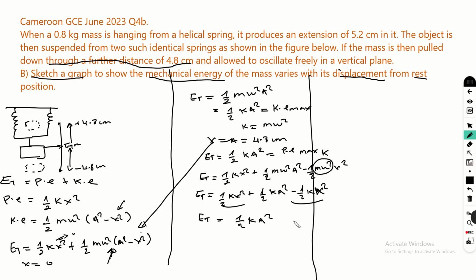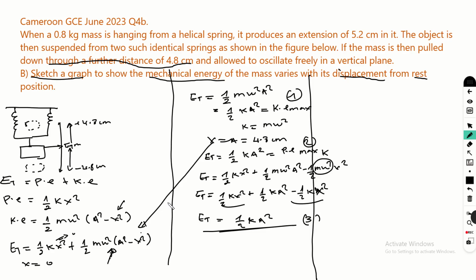So you see that these three equations, 3, 2, and 1, are all the same. It means that this mechanical energy is independent of the displacement.